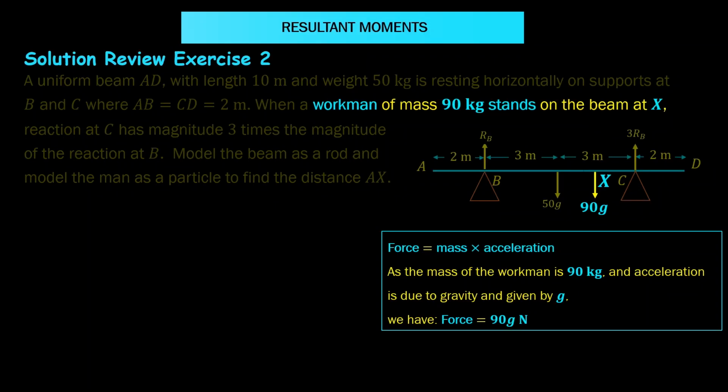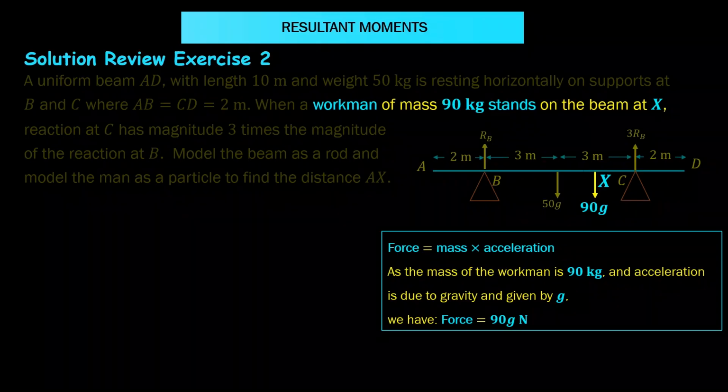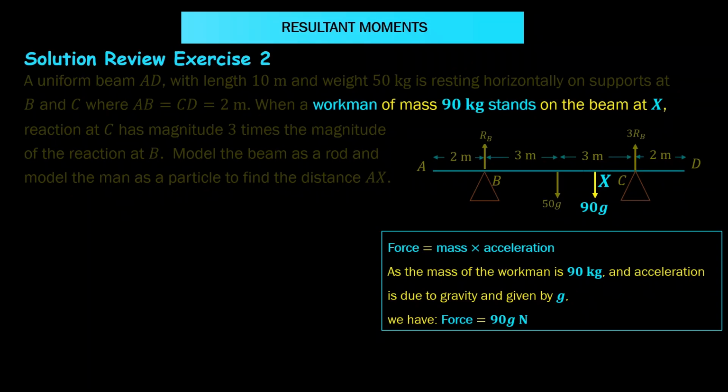Now, since force equals mass times acceleration, and as the mass of the workman is 90 kg, and acceleration due to gravity is given by g, we have that the force acting at X is equal to 90 g newtons, as shown in the diagram.